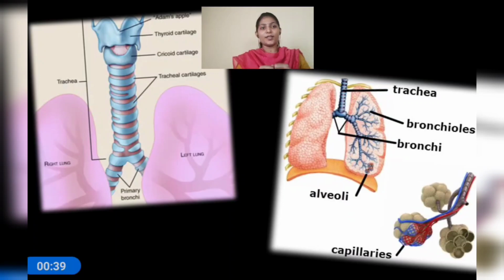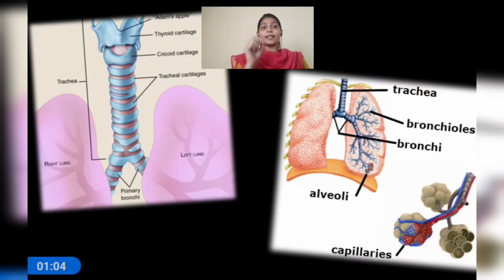Now these bronchioles appear like tree branches. As you see in the picture, they are from a main branch. It is dividing into the primary structure, which is again divided into the secondary structure. Now the bronchioles end up in balloon-like structures called air sacs. Scientifically, we call them the alveolar sacs.